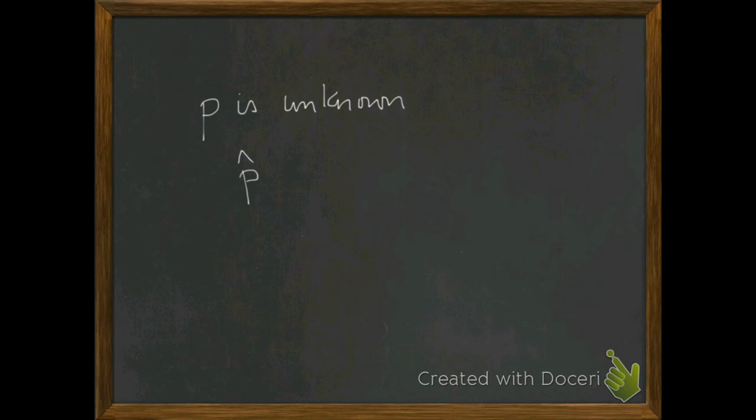P hat from our sample. I want to go ahead and convert that to a decimal because it's going to be easier to deal with. So guys, 38.7% of our sample has high-speed internet.